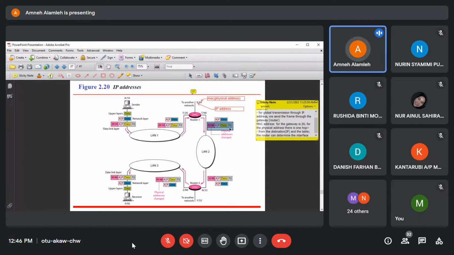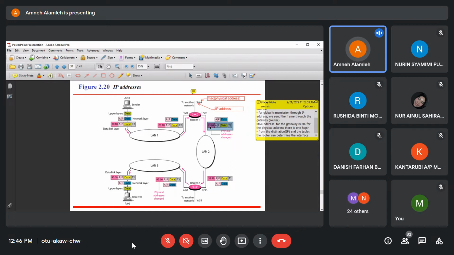What does the new frame have? It has a header and a trailer. The header has the MAC address of the sender and receiver. Please note that we put the sender first. The MAC address of the sender is 99, and the receiver is 33.